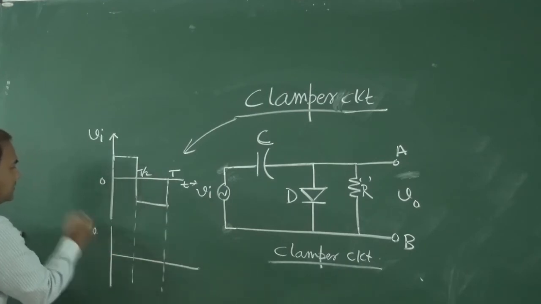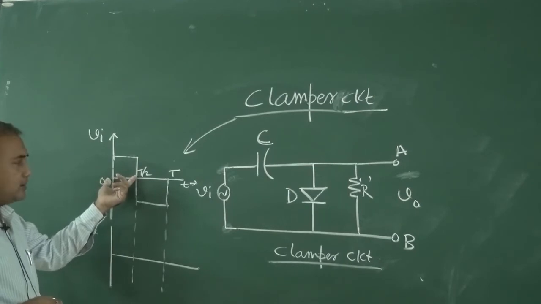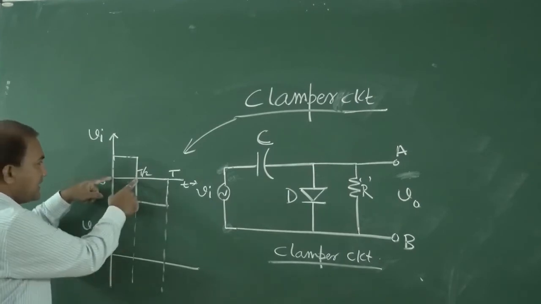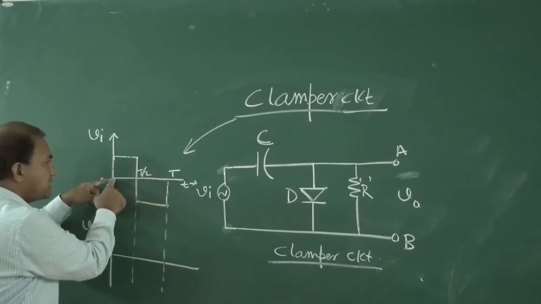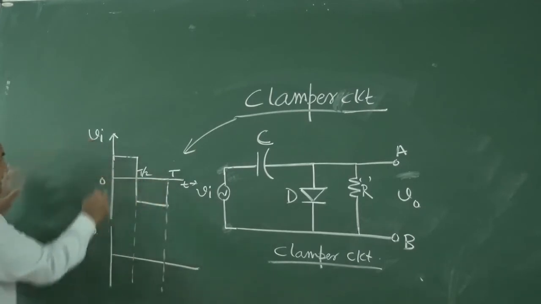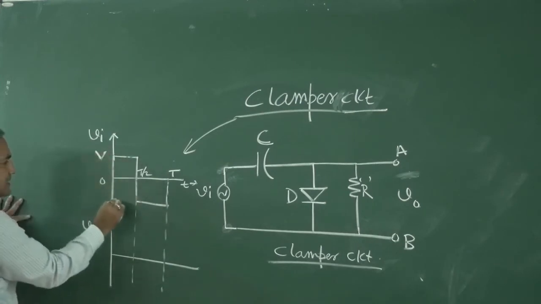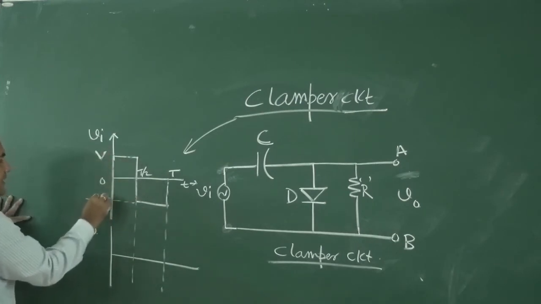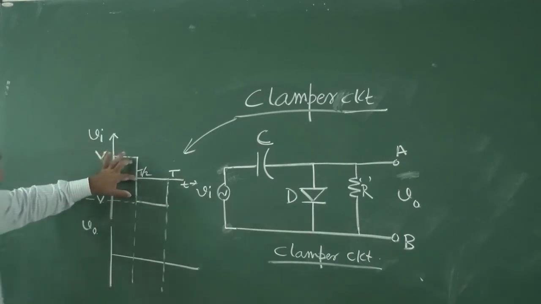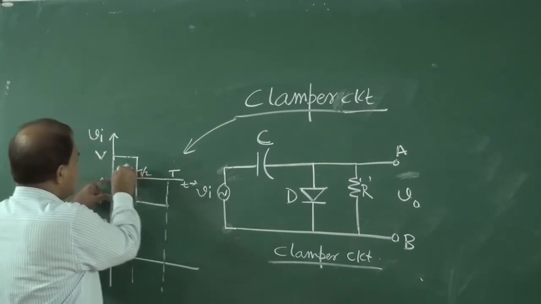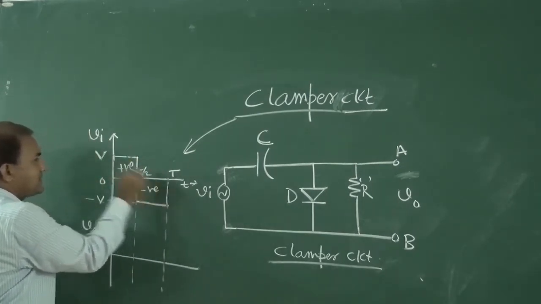Say this is V out. So from 0 to T by 2, this is T by 2, this is T, the time period T. Suppose this is plus V and this is minus V. From 0 to T by 2 is the positive half cycle, and this is the negative half cycle.